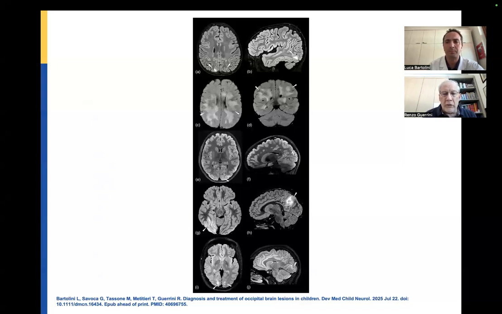And some of these children were really lost in these unknown environments. This situation needs a differential diagnosis, and I think that now Luca will provide you with some specific details about this process.